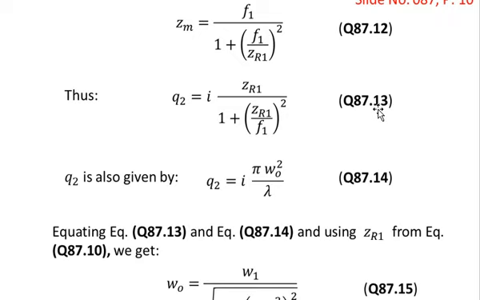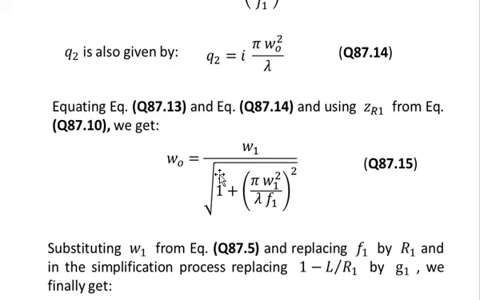So equating q2 from equation number 13 and 14, we get w naught is equal to w1 over square root of 1 plus pi w1 square over lambda f1, the whole square of that quantity. So this is equation number 15, and it gives you the beam waist in terms of the radius of the spot within the resonator in terms of w1.